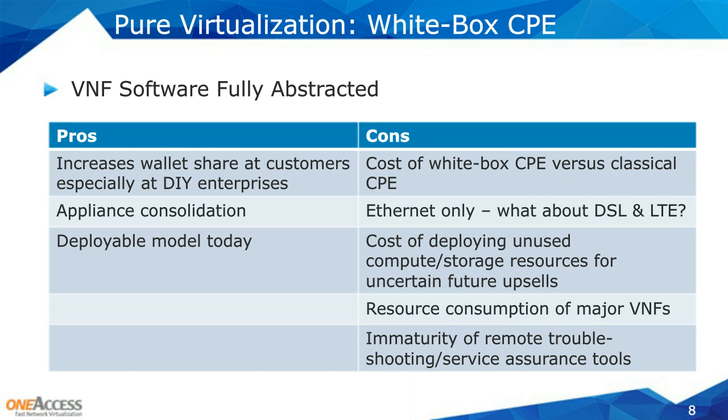But it also means that the compute and storage and memory resources to host those functions need to be available in advance. So actually you have to over-provision the white box CPE vis-a-vis a classical CPE in order to be able to have that flexibility. As I said, as in the data center, the resource consumption of some of the major VNFs is a problem for them.